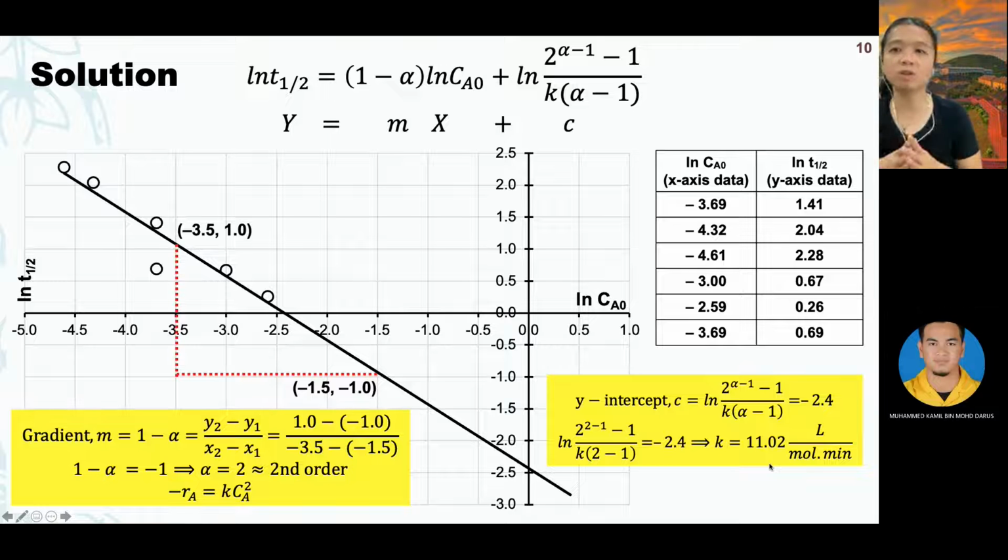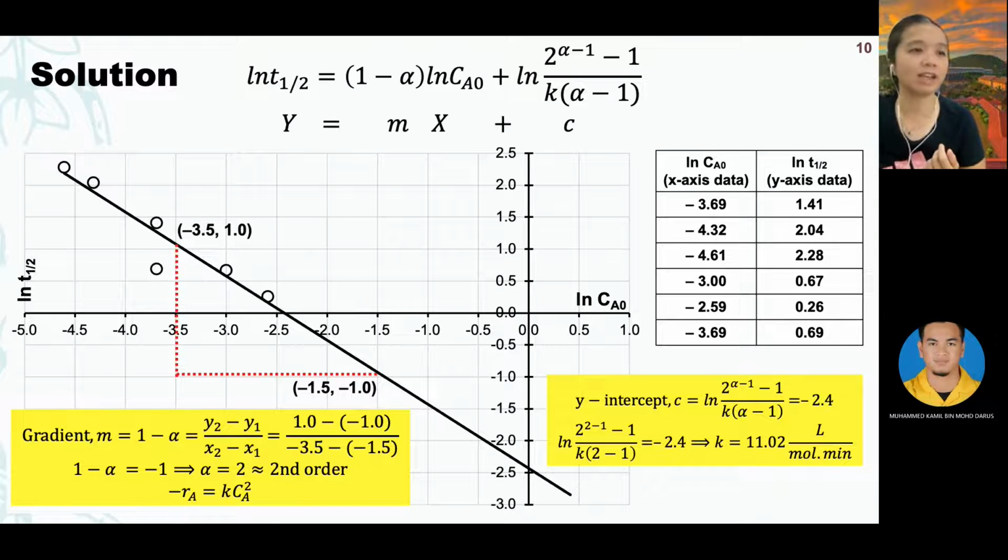So sekarang kamu dah establish untuk eksperimen ni, untuk reaction kamu ni, you get the rate law minus RA equals to K CA power of 2, and you also know the value of K as 11.02. Okay, but there's one more thing that you have to understand.